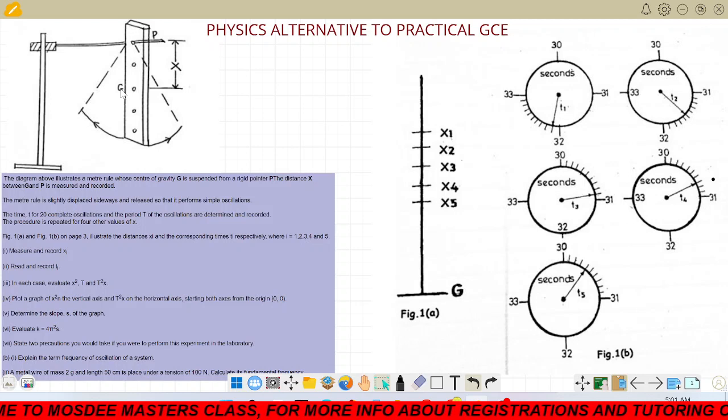The distance X between G and P is measured and recorded. So the distance between this point P and this point G, the center of gravity, is measured and recorded.